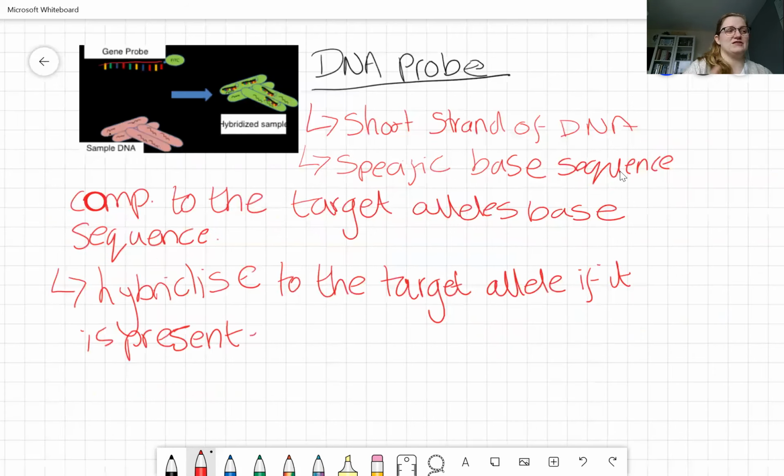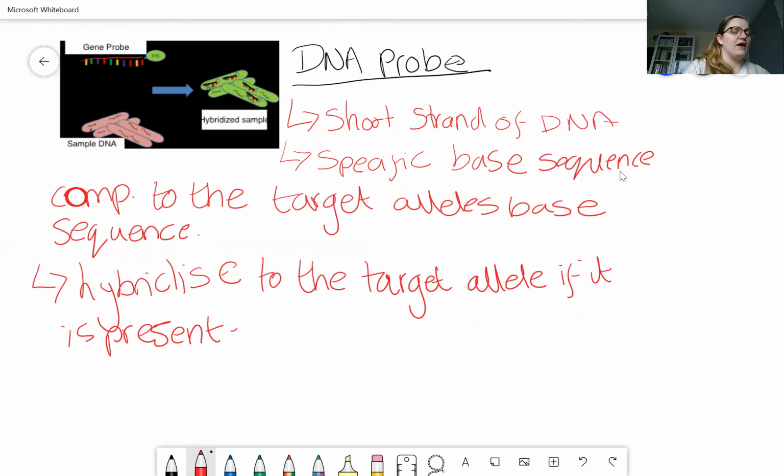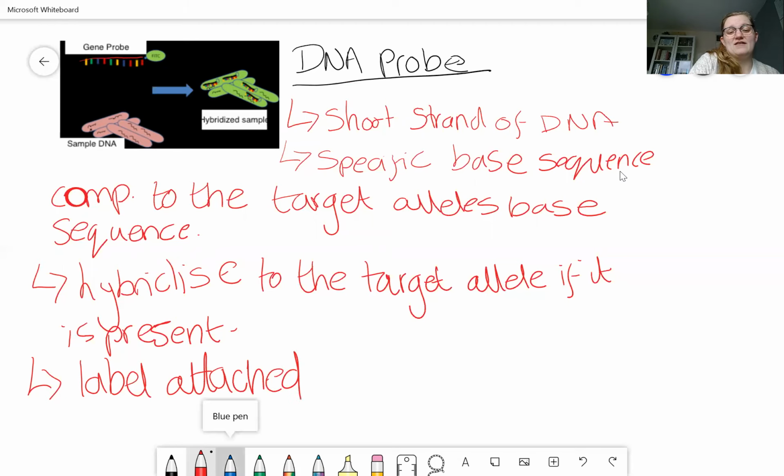So we need to be able to visualize this. A DNA probe has a label attached to it, and this label allows us to visualize if this hybridization has occurred.